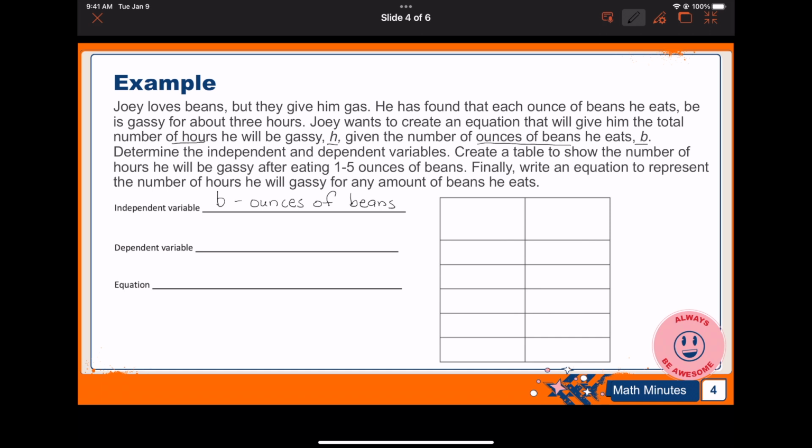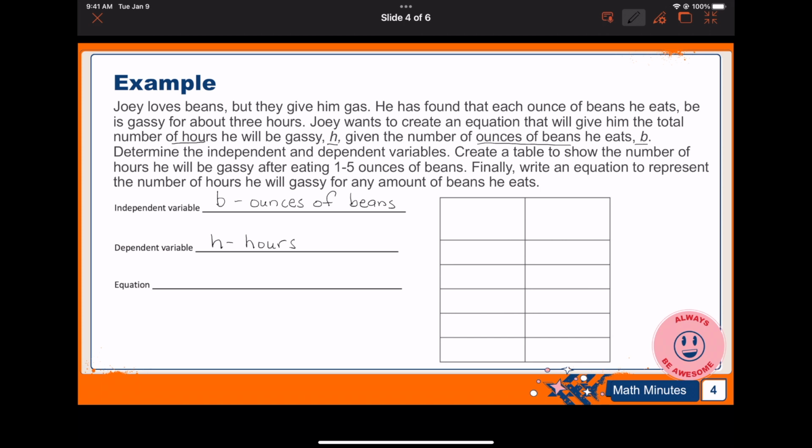And our dependent variable is going to be H. That's the effect. How long is he gassy? So the hours that he's gassy.